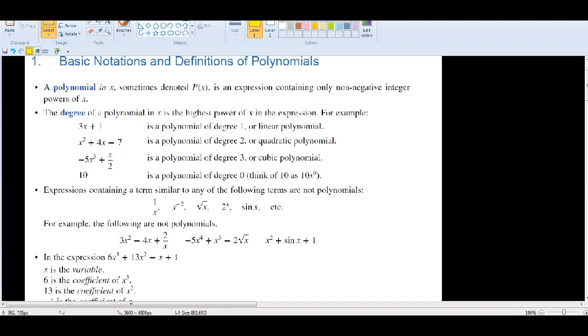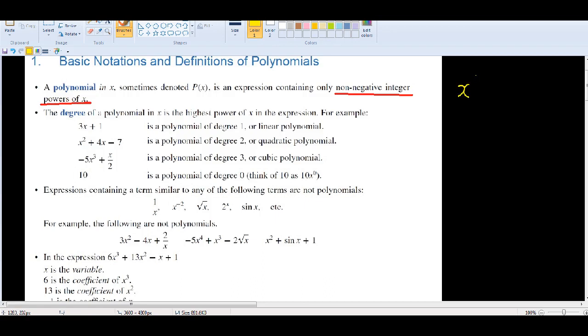Polynomial is just an expression containing only non-negative integer powers of x. So we understand when we say non-negative integer power of x, let me show you.